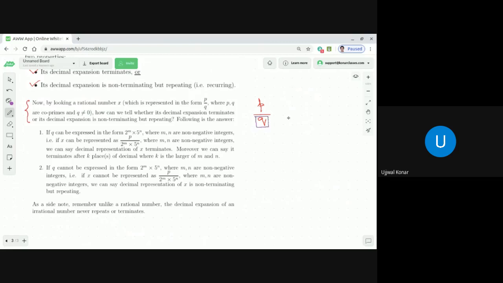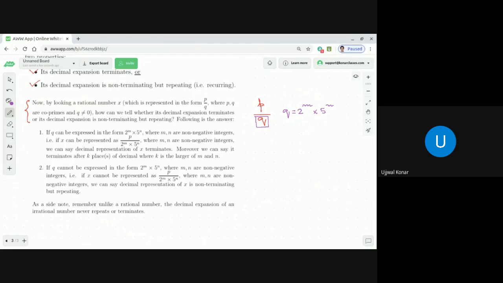Now, if we can represent q in the form of 2 power m into 5 power n, we can conclude, yes, the decimal expansion of this number p by q terminates. Not only that, we can tell it terminates after k places of decimal, where k is the larger of m and n.